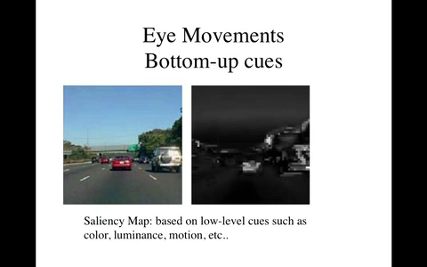What drives eye movement? So of course motion, as we said in smooth pursuit, but if you're looking at a still image such as this one on the left, and you are moving your eyes around endogenously, what's driving that is, first of all, bottom-up cues. Things that are driven by the stimulus itself, and there's something called a saliency map, which can actually produce this automatically, and it's based on things like locations where there's large changes in color or luminance.